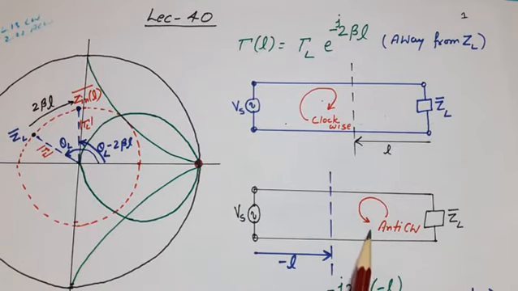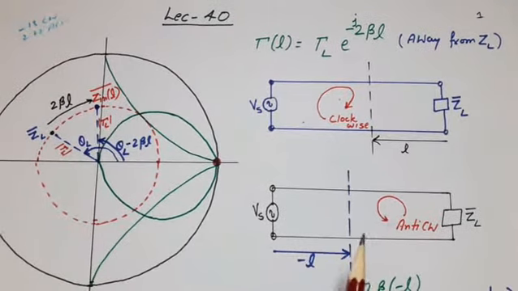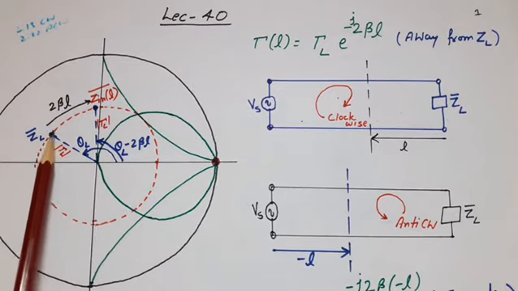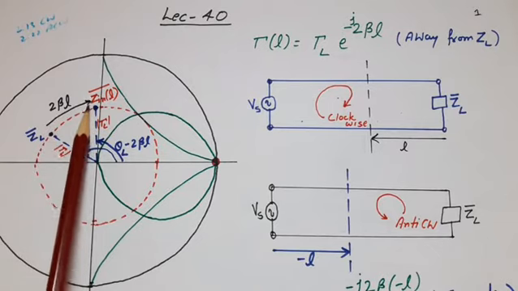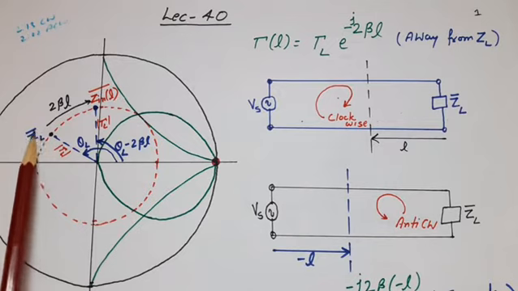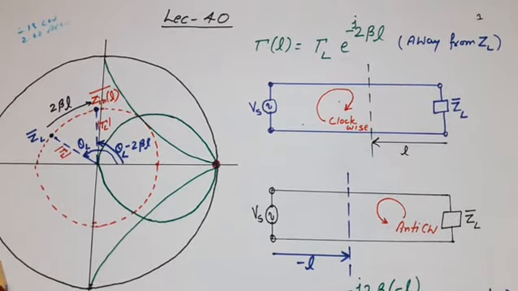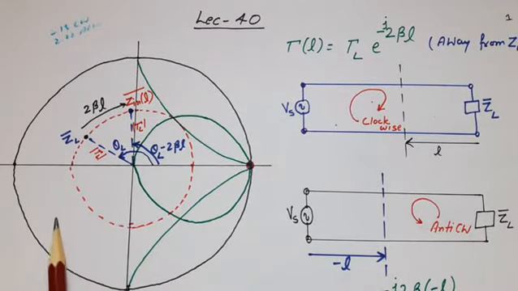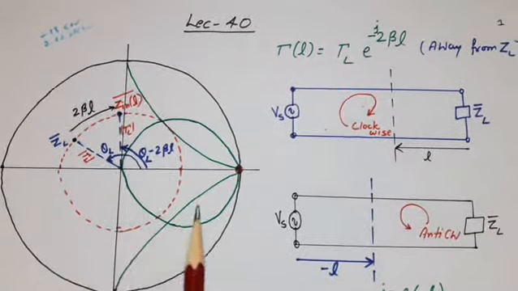In general words, if we have found the reflection coefficient at any location on the transmission line, then the reflection coefficient at any distance L from that point towards the source is given by a 2 beta L rotation in clockwise direction, and at a distance L from that point towards the load it is given by a 2 beta L rotation in anti-clockwise direction. So now it should be very clear how we can find the reflection coefficient at any location in the transmission line.